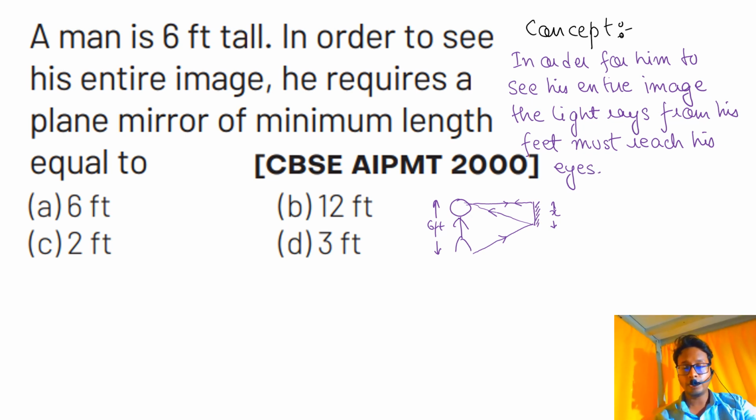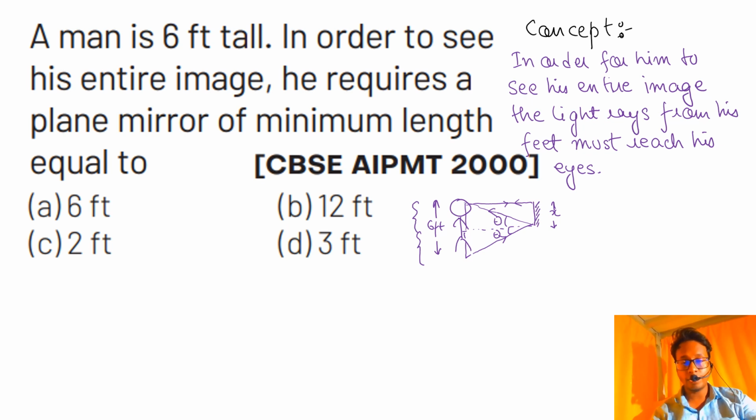If we see this diagram and analyze this geometry, I'm drawing a perpendicular bisector here. Acha. If this is the angle of incidence theta, the angle of reflection is also equal to theta. So this triangle and this triangle are similar, so this height is similar to this height.